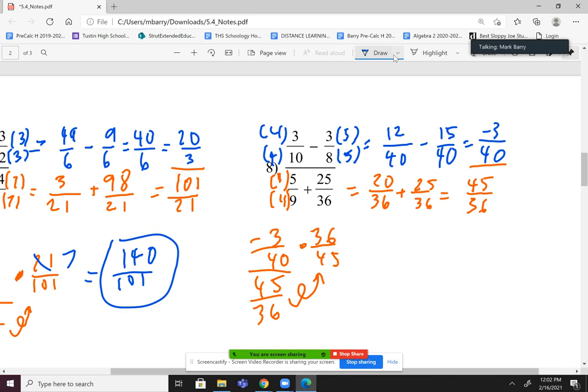All right, so these ones I can divide by 4, so that's going to turn into 9. That'll turn into 10. These ones I can divide by 3, so that's going to turn into negative 1. And 45 divided by 3 is 15, right?